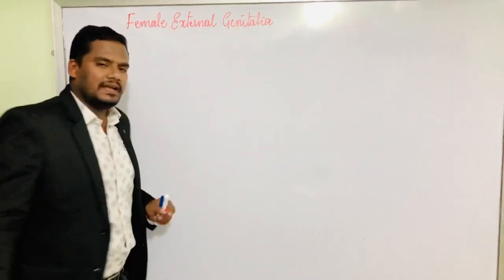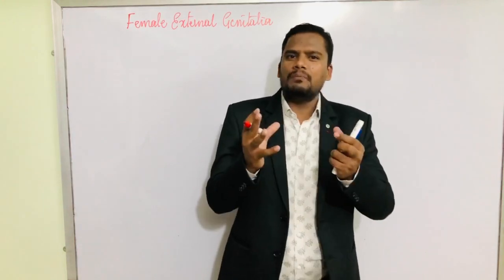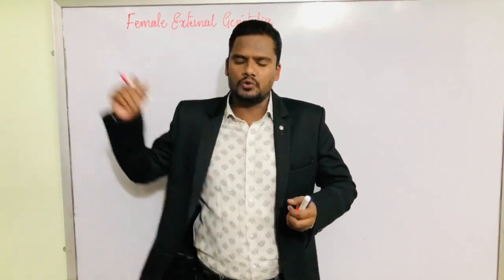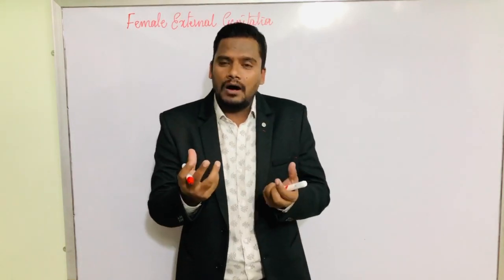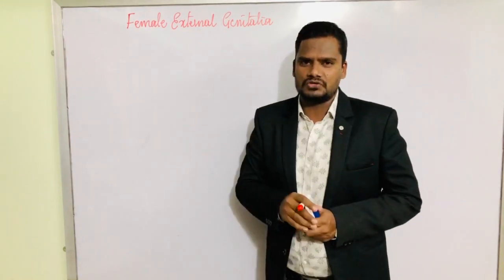The male external genitalia is simply called the penis. We have seen the structure of the penis in our previous videos. Now, in this video, we're going to understand the external genitalia of a female reproductive system.